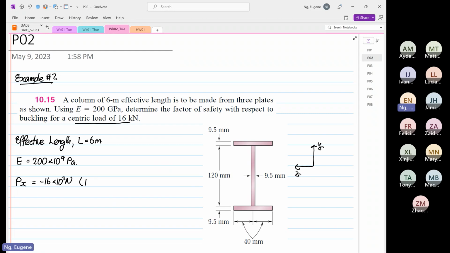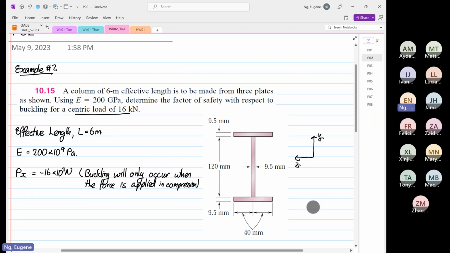Because buckling will only occur when the force is applied in compression. So we know Px is equal to minus 16 times 10 to the power 3.